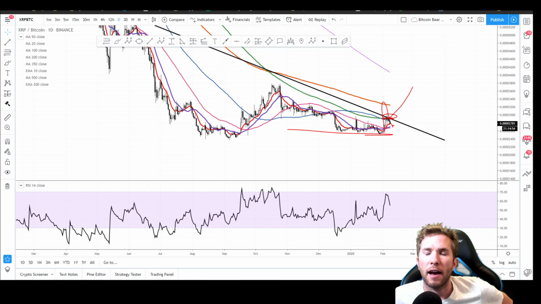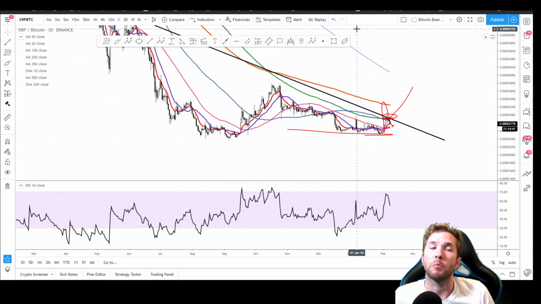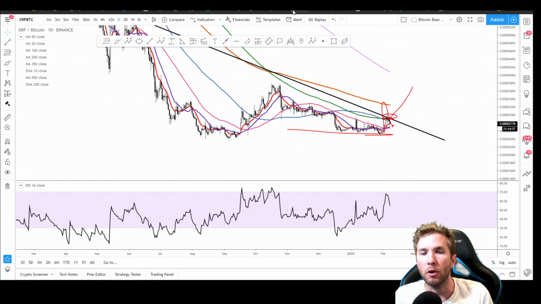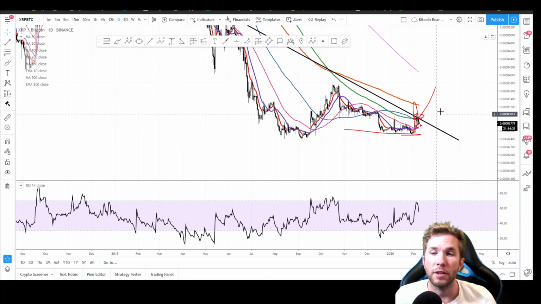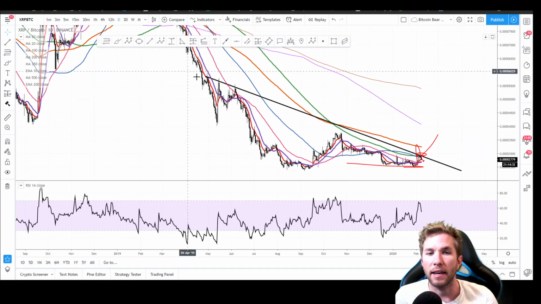I'm not going to go super in depth, but Bitcoin went up 330% last year and Ripple basically stayed at break even. So you missed out on a 330% pump and you actually took a significant hit to your Bitcoin while holding XRP.